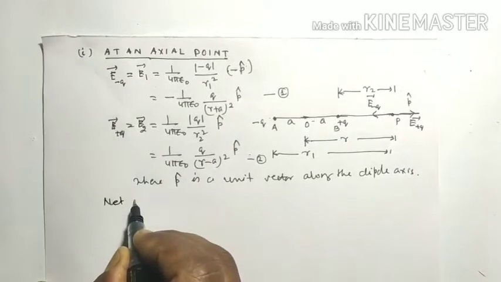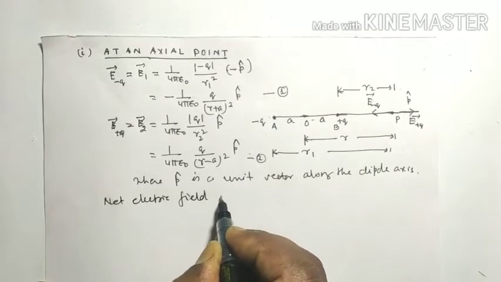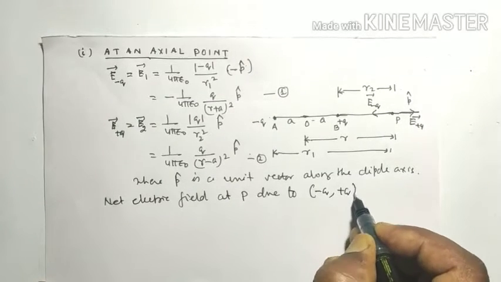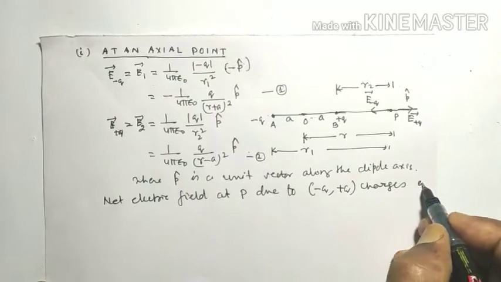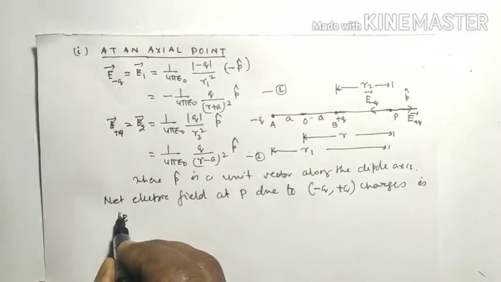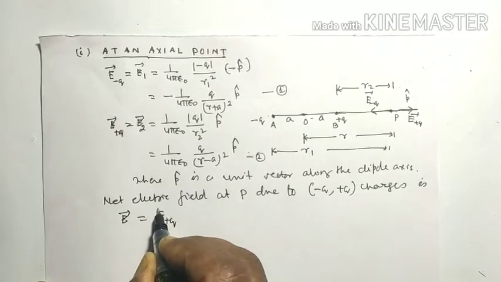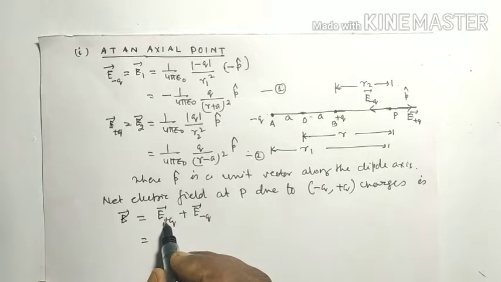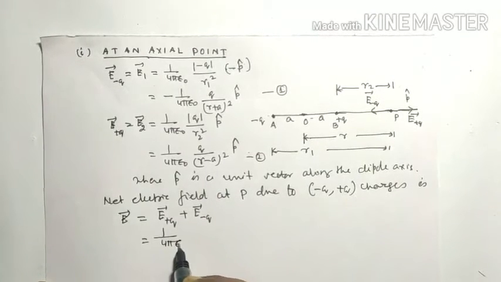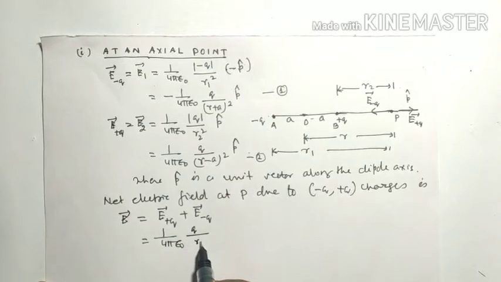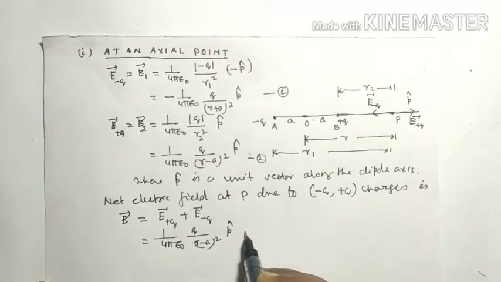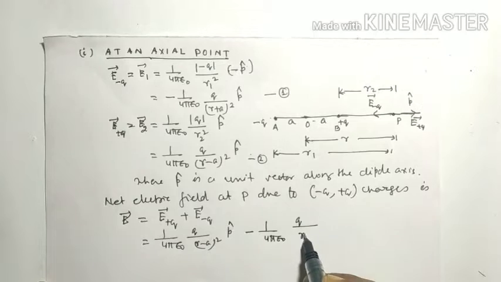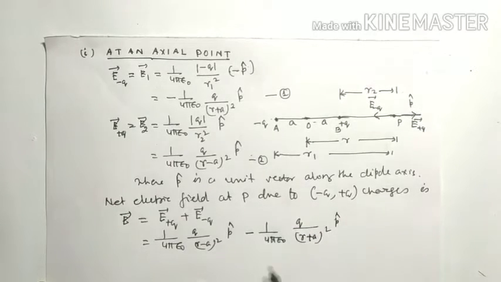So net electric field at P due to dipole, that is minus Q and plus Q charges, is given by superposition principle, that is E equal to E plus Q plus E minus Q. So E plus Q is 1 by 4 pi epsilon 0 Q by R minus A square into P cap, and the other is minus 1 by 4 pi epsilon 0 Q by R plus A square into P cap.